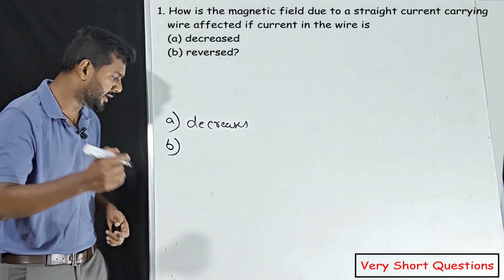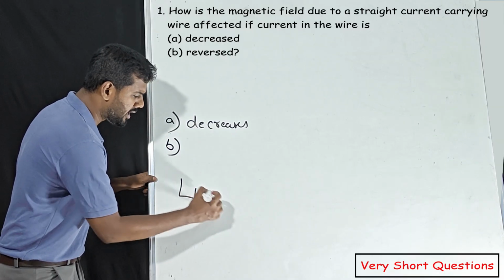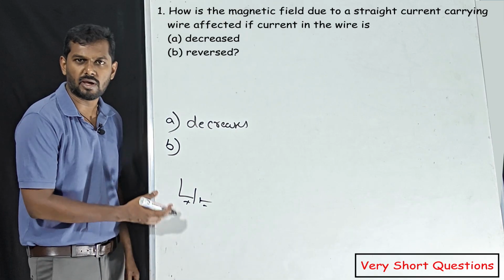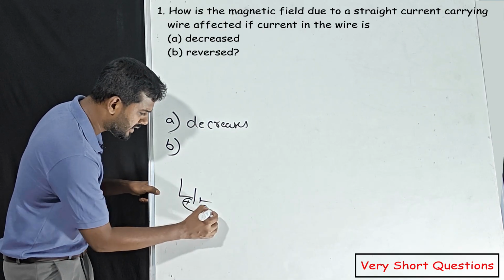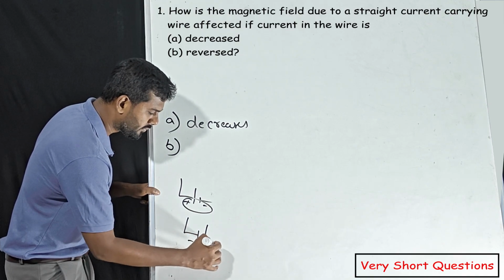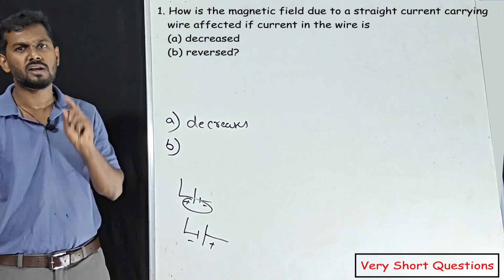Next, if you reverse the current direction, that means assume there is a circuit. Don't worry about any incomplete circuit. Assume this is the current we are getting from the cell. If you change the direction of this one like this, what happens to magnetic field? That is their question.